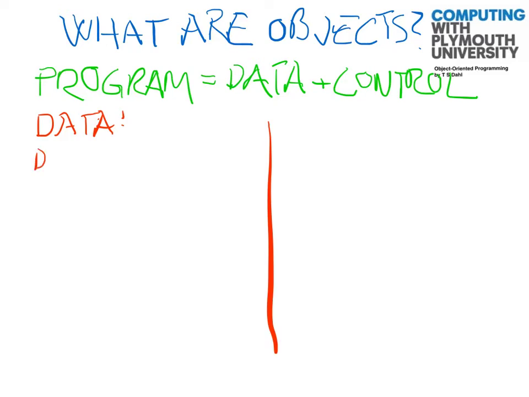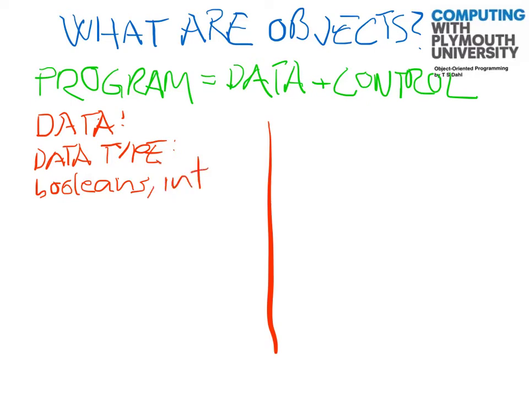We have different types of data, such as booleans, true and false, integers, 0, 1, 2, 3, 4, 5, -1, -2. We have floating point numbers that can be between 0 and 1, 0.3, 1.7, that kind of thing. We have characters, and we might even have strings of letters.